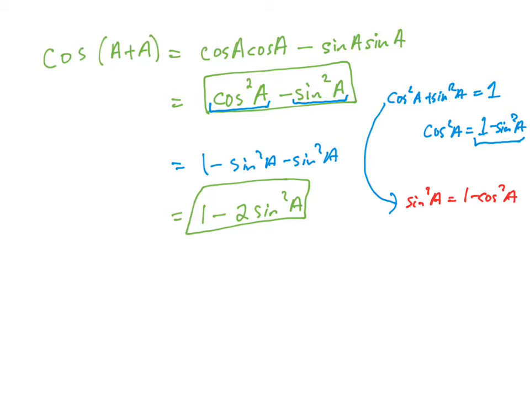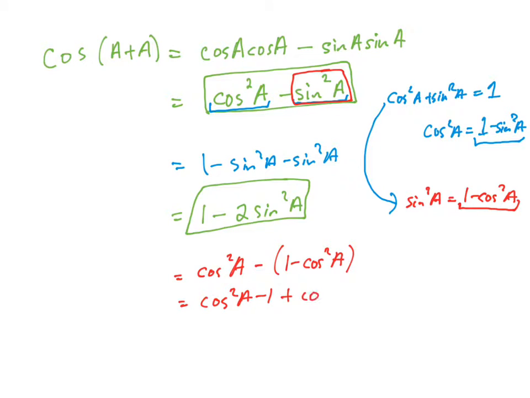If we substitute 1 minus cosine squared for sine squared here, we end up with cosine squared a minus 1 minus cosine squared a, which is cosine squared a minus 1 plus cosine squared a, and that gets us to 2 cosine squared a minus 1. This is yet a third version of the double angle for cosine.